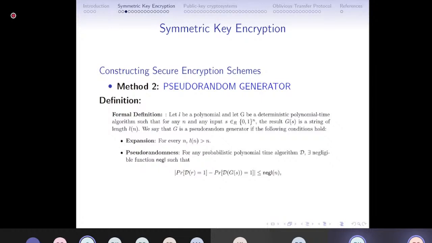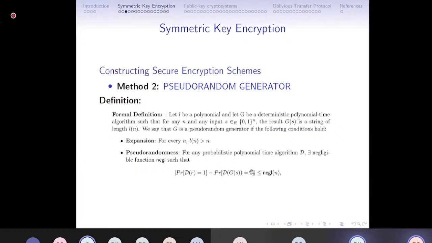The second condition is that if we generate an L length bit string uniformly, and also generate an L length output using this algorithm G, the two should be indistinguishable by the adversary.